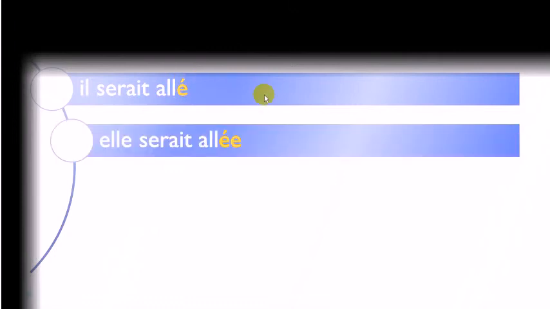So in that case, you can see that at the end, it's allé without anything after. But then, if we look at the feminine form, elle serait allée, you will have to add this e at the end, okay? Remember, e, in most of the cases, when you have to add something, it's the mark of the feminine. Okay, so elle serait allée, okay?